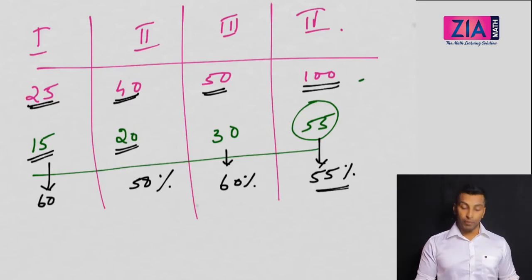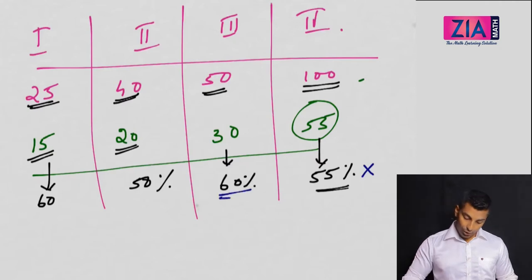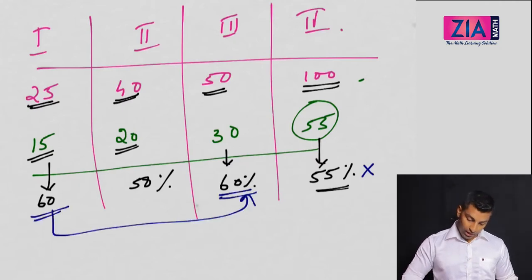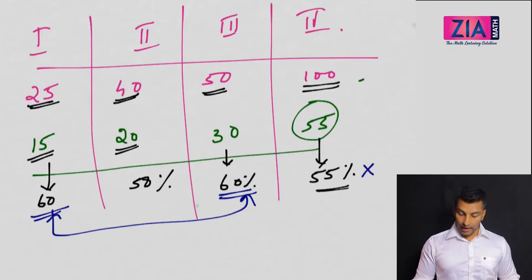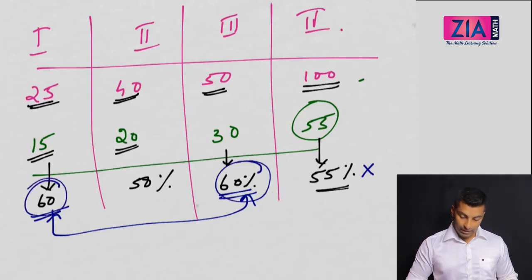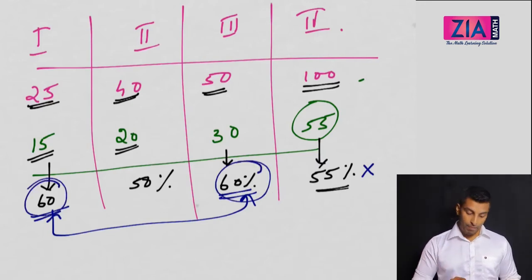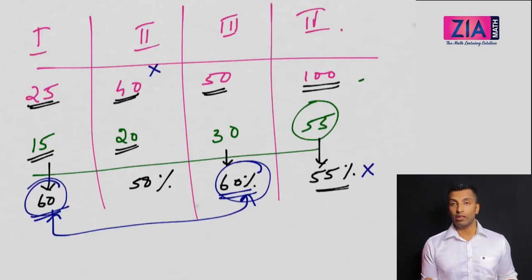So in which subject did you perform better? It is not in this subject, it is in these two, because these two look equal. He performed equally in paper 1 and 3, and paper 2 is the worst among all, and this is 55.